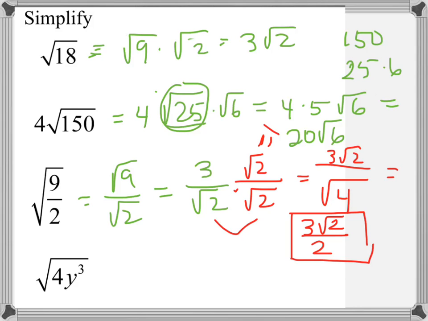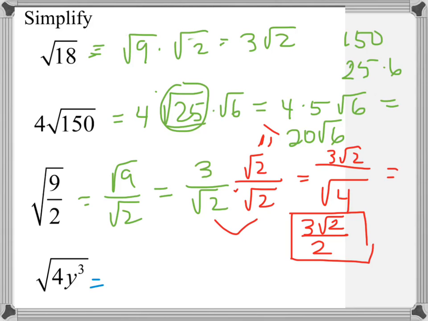So by convention, we just write the denominators as integers, but the numerators can be as complicated as we like. As long as the denominators are integers, then we generally say that that's a simplified radical.